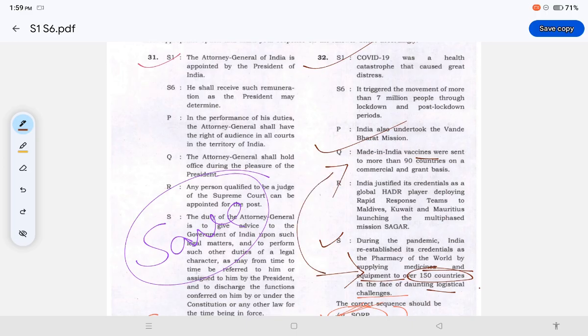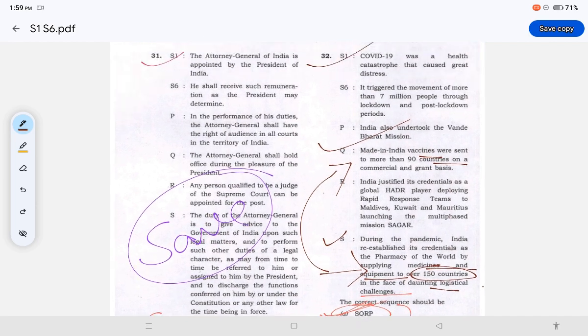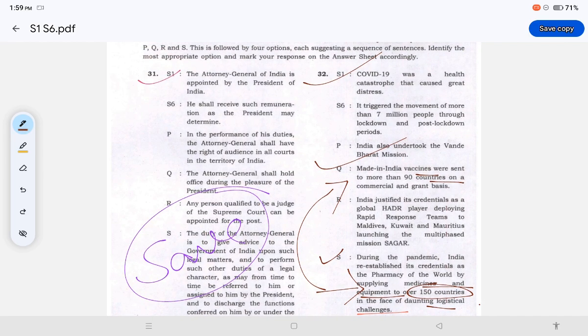Made in India vaccines were sent to more than 90 countries on a commercial and grant basis. India justified its credentials as a global HADR player, deploying rapid response teams to Maldives, Kuwait and Mauritius, launching the multi-phased mission Sagar. India also undertook the Vande Bharat mission. It triggered the movement of more than 7 million people through lockdown and post-lockdown periods.